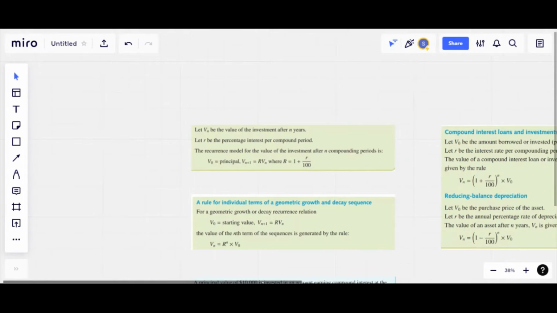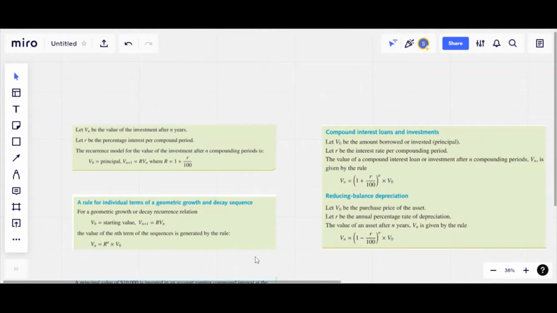One thing to remember is that depending on whether we're looking at compound interest loans and investments, so that's increasing, or if we're looking at reducing balance or depreciation, we have to change the symbol in our capital R value.